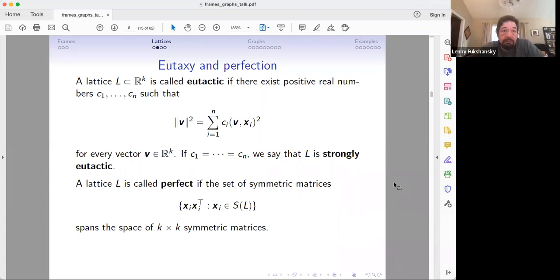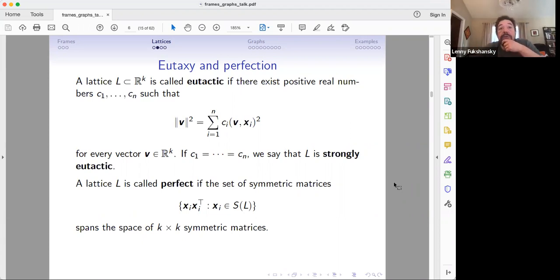An important point is that there is a natural equivalence relation on lattices called similarity. Two lattices are similar if you can get from one to the other by an orthogonal transformation and dilation.